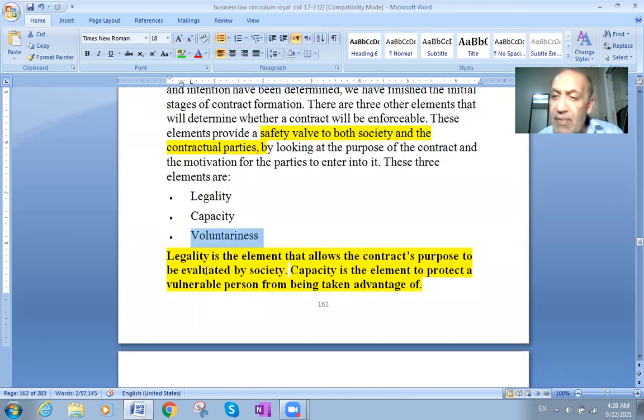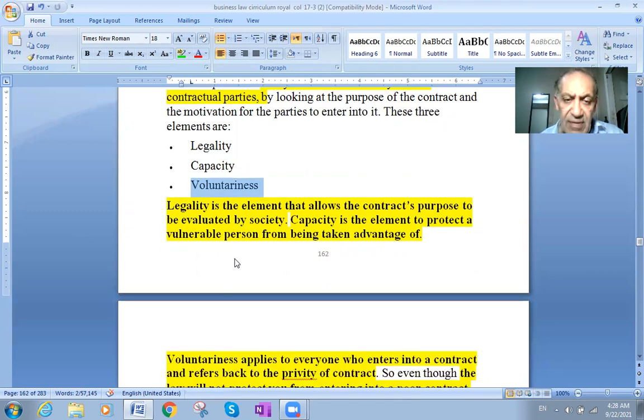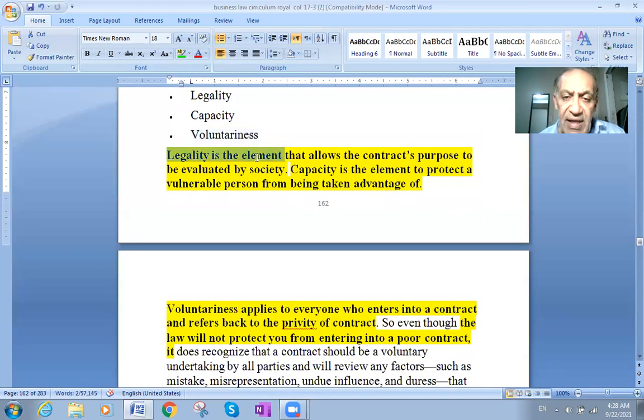And capacity: are the people of age and responsibility and fully aware of what they are signing on to? So legality is the element that allows the contract purpose to be evaluated as valid by society. Capacity is the element to protect a vulnerable person from being taken advantage of by the other.